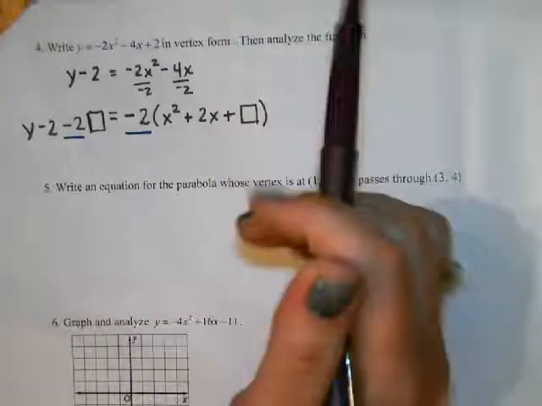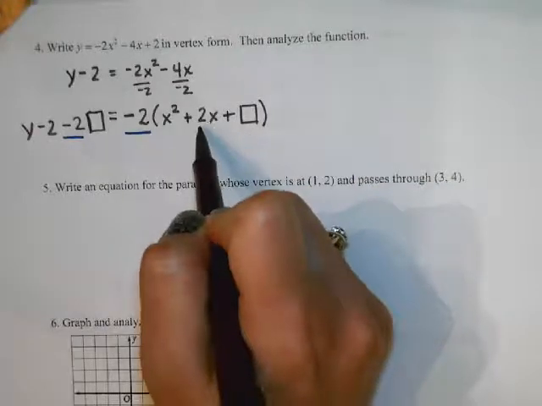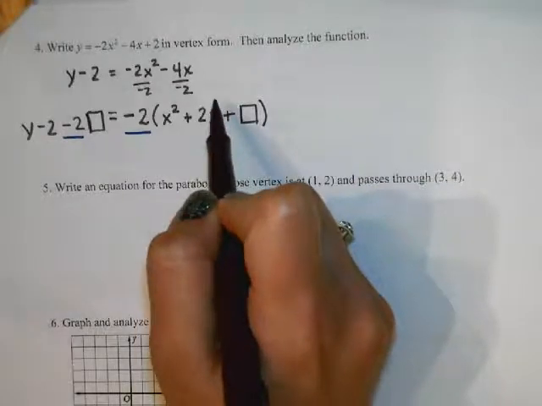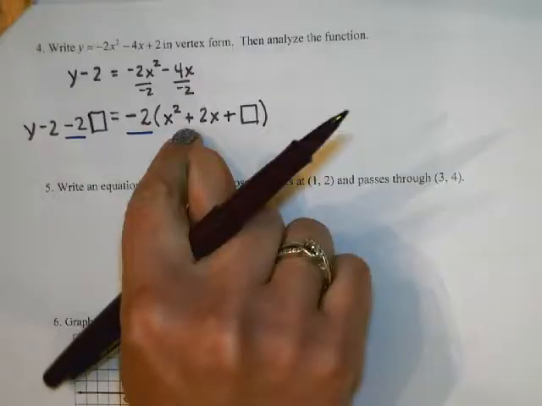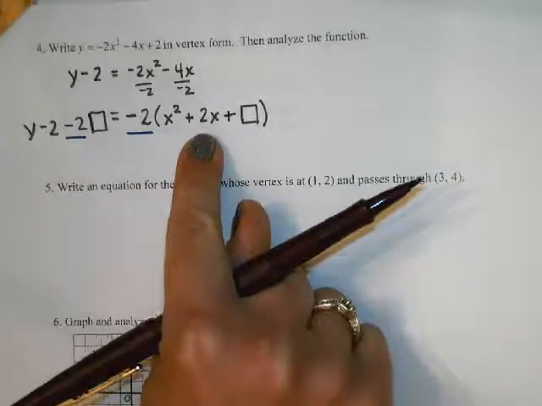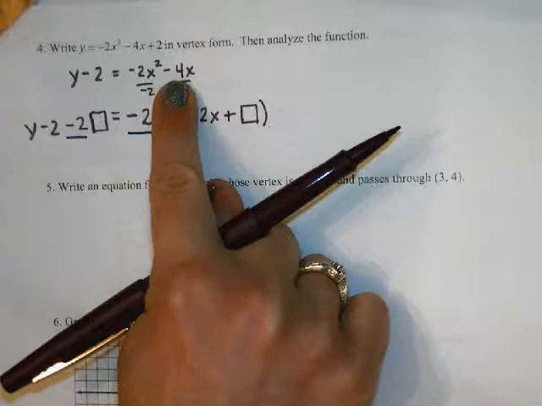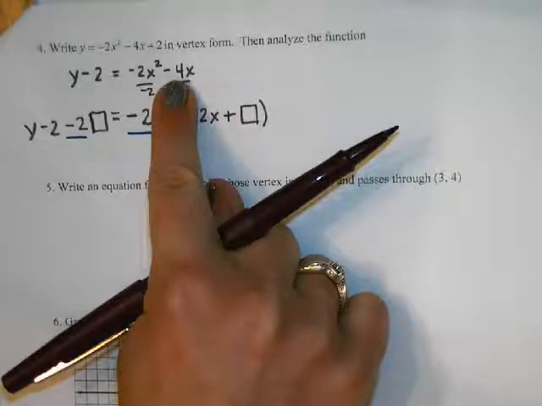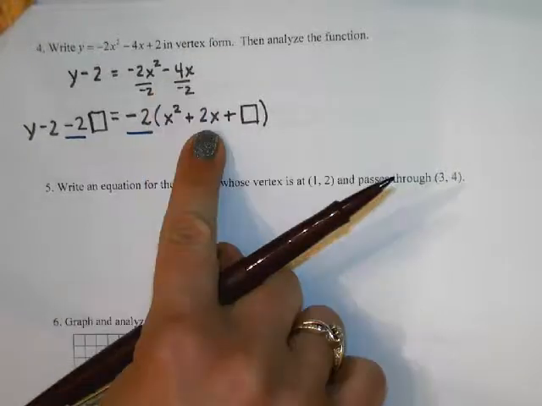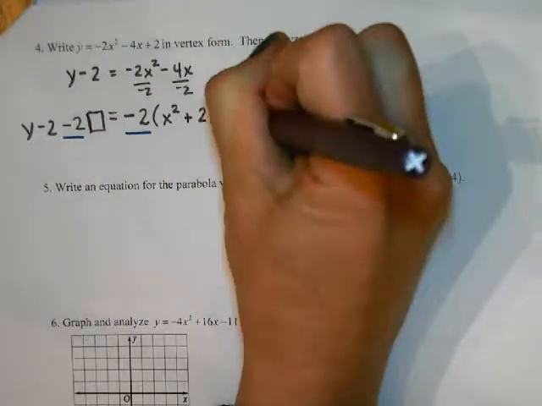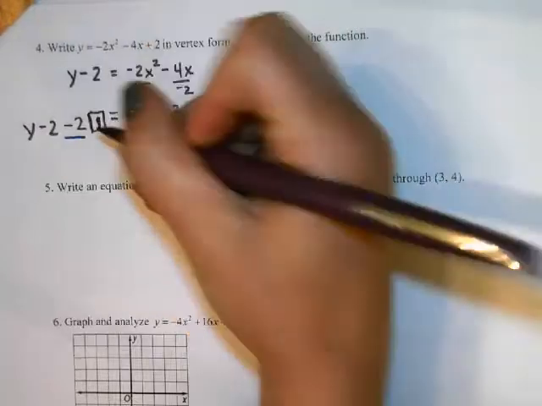Okay, now when we go to complete our square, we use the new b. So this guy right here. So don't go back and use the 4 because we've divided him out. So 2 divided by 2 is 1. Square it is 1. So I'm going to put a 1 in each one of my boxes.